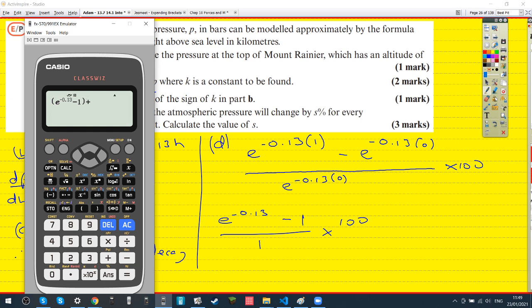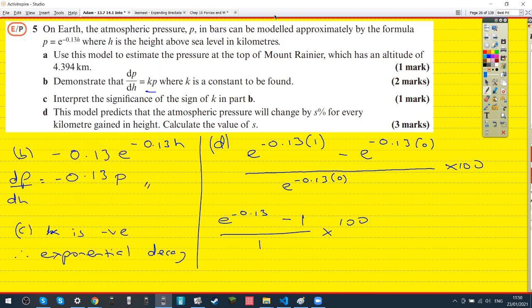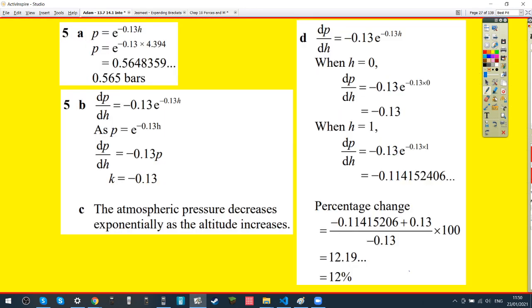Minus 12.2%. And so that's a change of 12.2%. Oh, minus. I like the minus. Yep, minus 12.2%. Hope so. Hey, that worked.